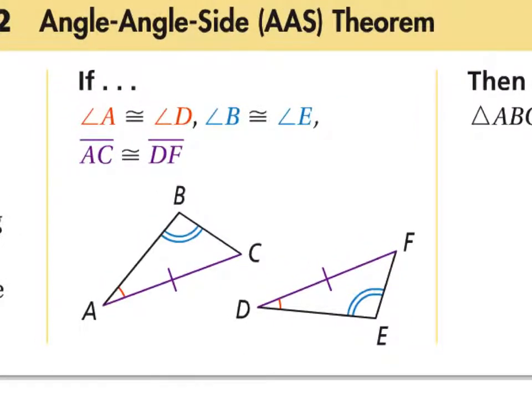So an angle, angle, side, again, you can tell by the way they name this, we're talking about knowing two angles and a side of the triangle, but it's not between the two angles. Before we had angle, side, angle. It was two angles and the side between them. Now we have angle, angle, side, which means we have two angles and a side that is not between them. Here you have to be careful. Order matters.